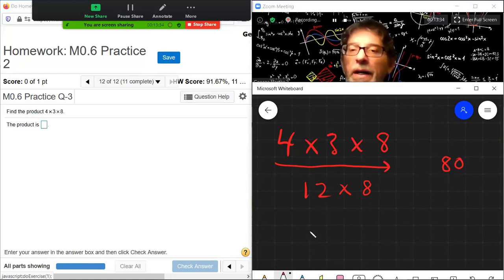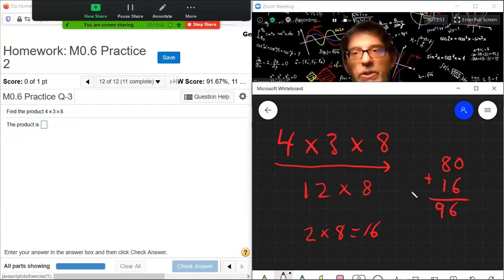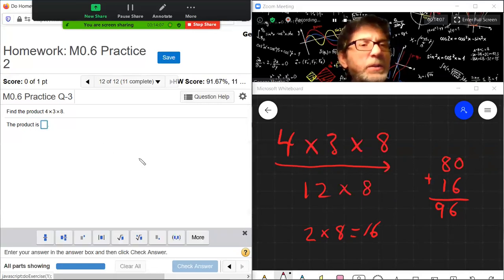So what we have to find out is, what are 2 more eighths? Well, 2 more eighths will give us another 16 on top of the 80. So therefore, our answer is 96. So you can use these kinds of techniques to help you with bigger numbers like 12. Think of what times 10 will give you that, and then 2 more of that number. All right, so let's put in 96.